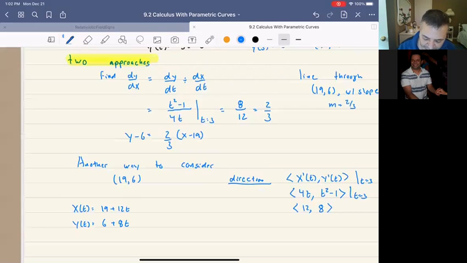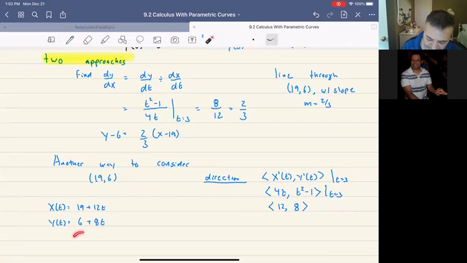This is a parametric version of this line. It goes through (19, 6), and for the direction, let's reduce it so that this 8 is 1, so we divide both of these by 8.